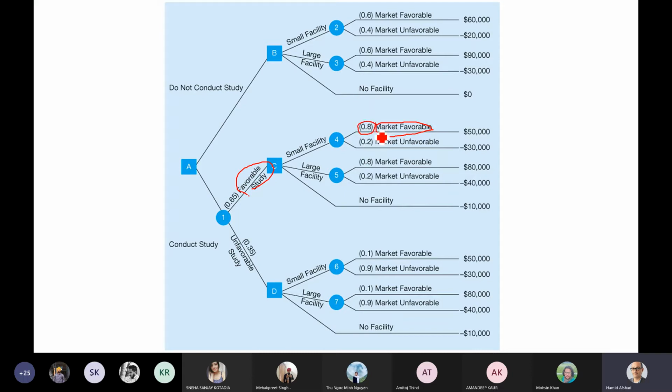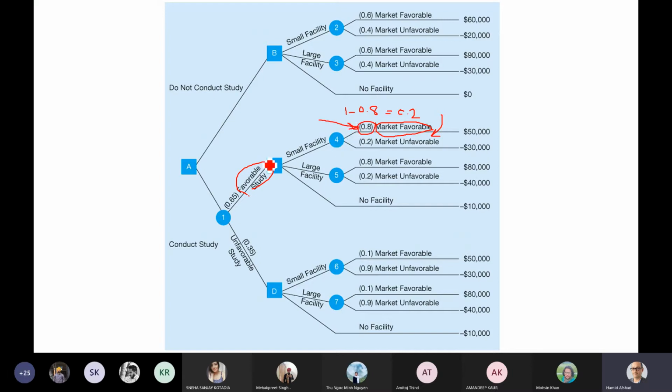Can I calculate the unfavorable market as well? Yes, if I do 1 minus 0.8, it will be 0.2. Some of you may claim this is not given to us. You don't need it. I just need to give you one part of that.